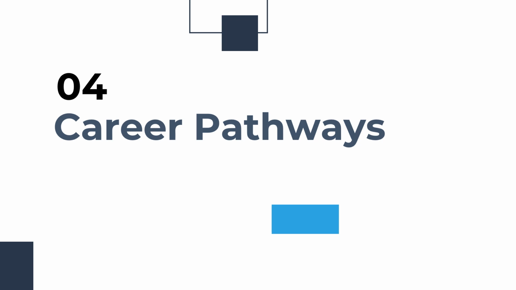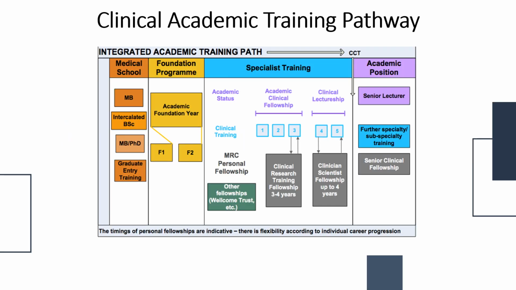So, career pathways. You can do academic training at any point in your medical career, but some opportunities to do that may be at medical school in the form of an intercalated BSc or MB PhD program. In the foundation program, you can apply to an academic foundation program where you'll be given specific allocated time for research.